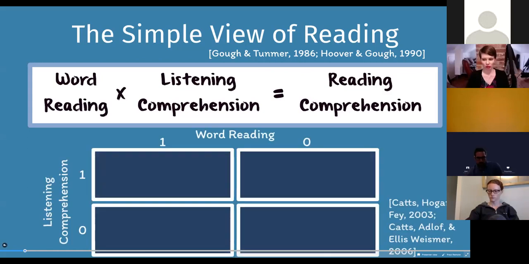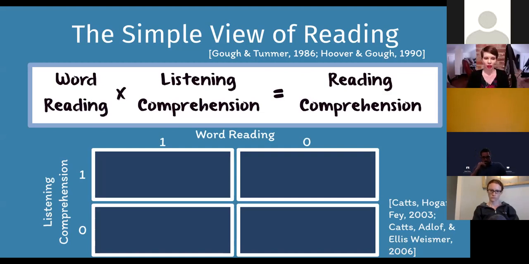Now, we can use the work of Hugh Katz and colleagues to then classify different profiles of reading based on this formula. So across the top dimension, I have word reading, and across the side dimension, I have listening comprehension. And here we're using a 1 to indicate if an individual in a profile has good abilities, and a 0 to indicate if an individual has poor abilities.